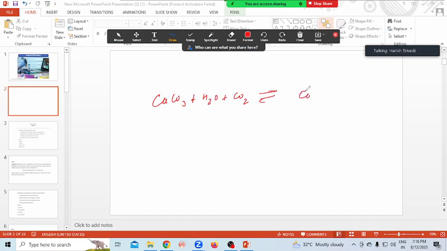It will form Ca2+ ion plus HCO3 minus. When it is dissolved, it makes a colorless solution. But when CO2 is removed from the solution again, it will again precipitate calcium carbonate.